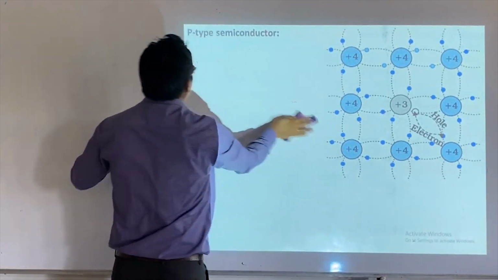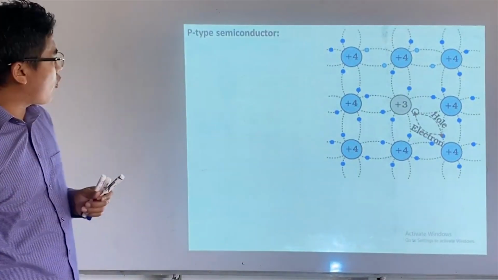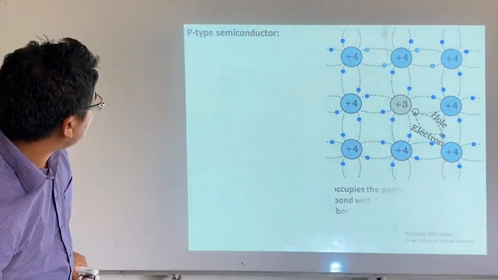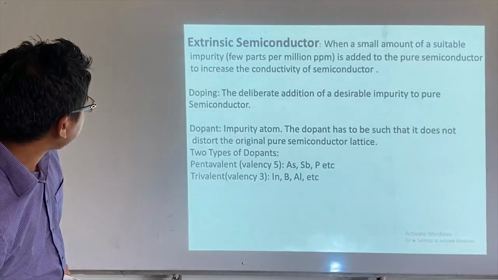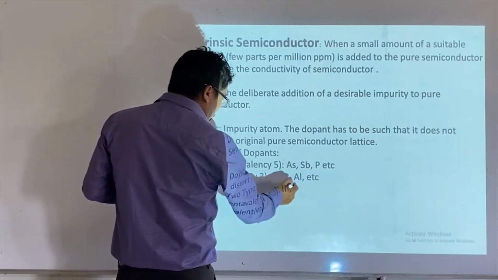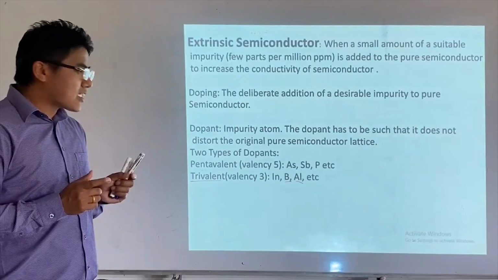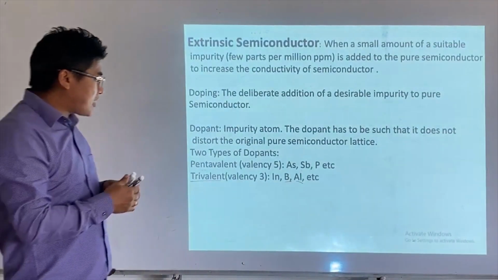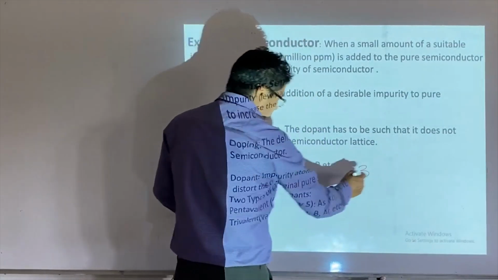Now let's talk about p-type semiconductors. In case of p-type semiconductor, we are going to use trivalent atoms. Normally we use boron and aluminum, right? When I use trivalent atoms, the outermost shell consists of 3 electrons available.